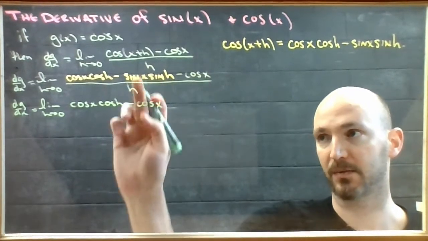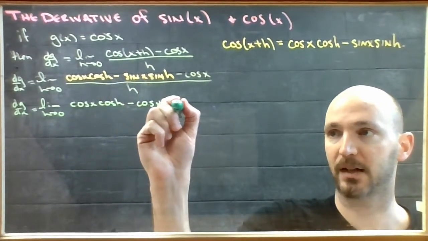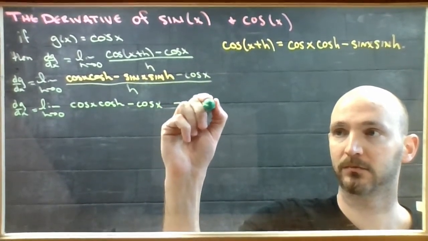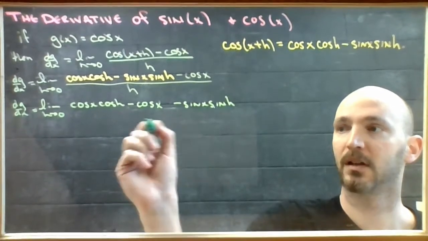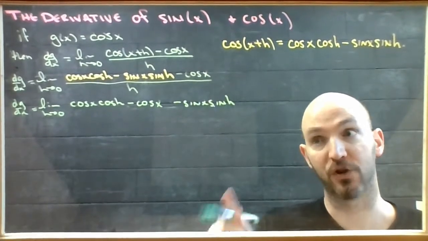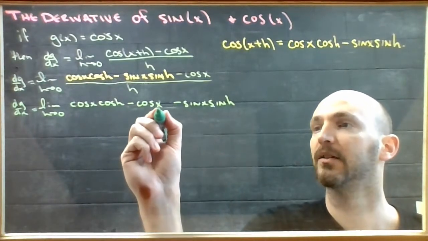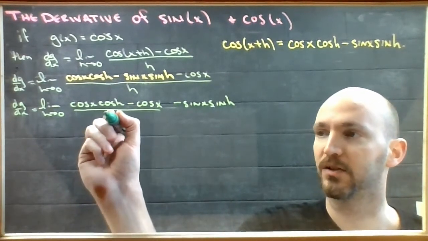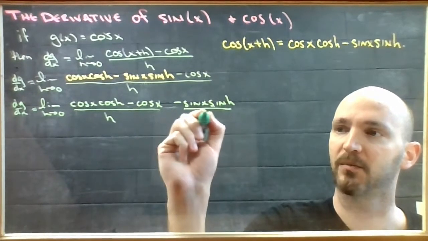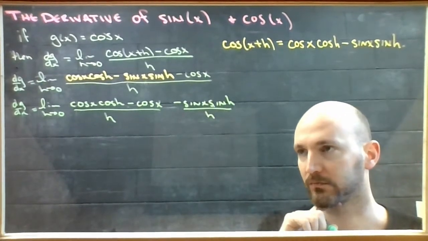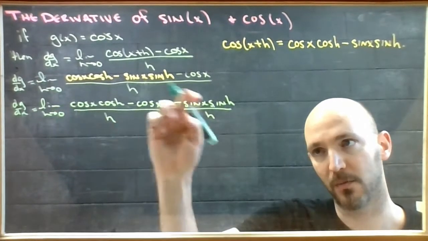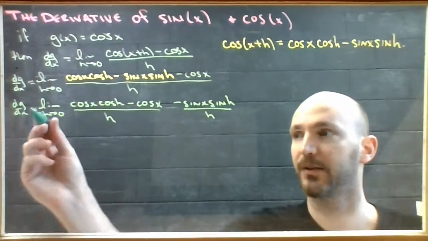So I just brought this one up, put this one to the back, and it's all over h. But just like the sine one, I'm going to try and break this into two pieces. So I'm going to start by putting it into two separate fractions, both over h. Then I'm going to throw my limit in here while I also do some factoring.